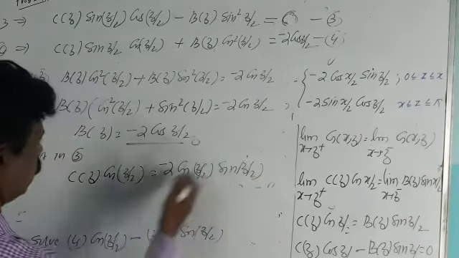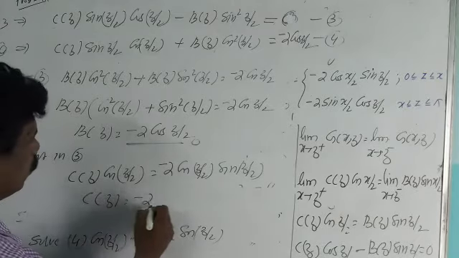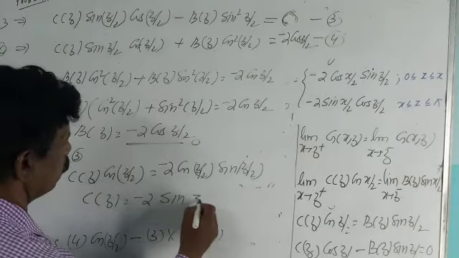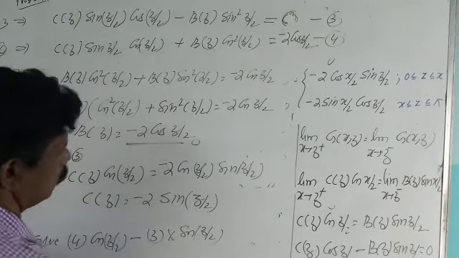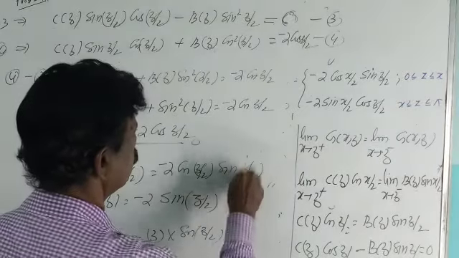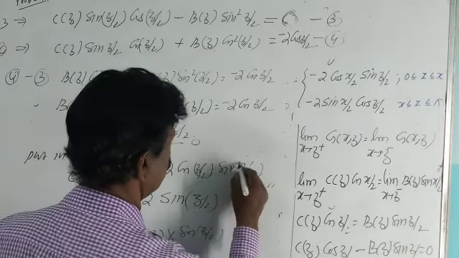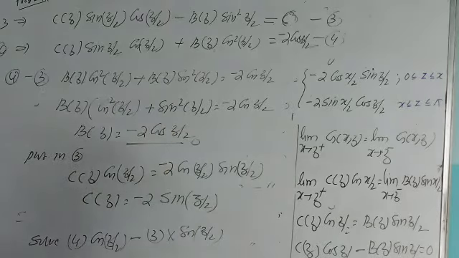We can cancel this cos z by 2 on both sides. Then c z equal to minus 2 sin z by 2. That is b z equal to minus 2 cos z by 2 and c z equal to minus 2 sin z by 2. Check it. Is there any doubt?